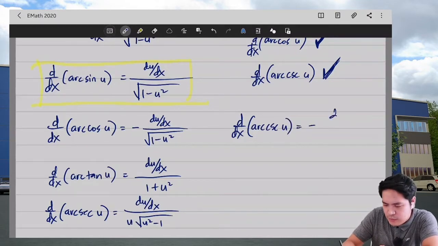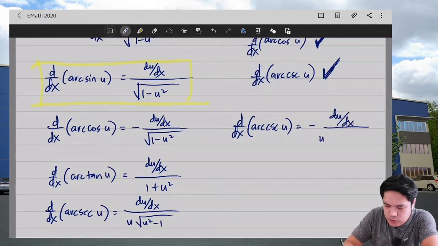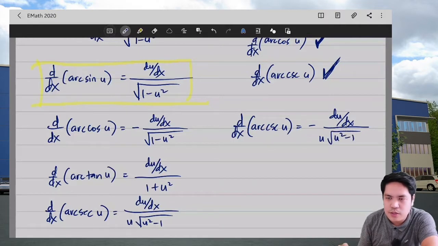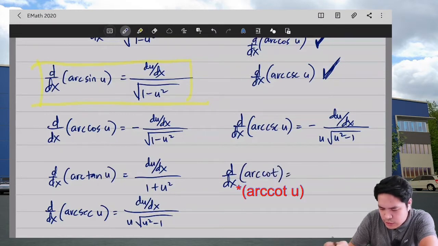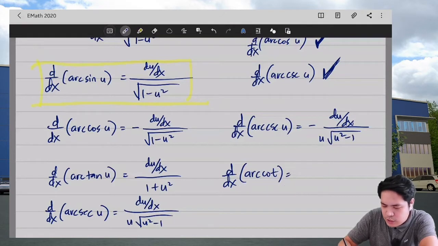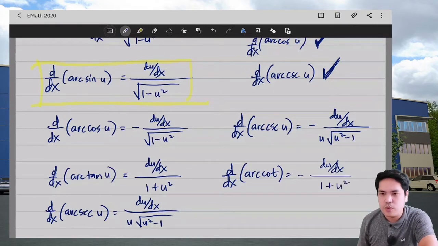The same as secant: negative du over dx over u square root of u squared minus 1. Memorize again. Then, for the cofunction of tangent, arc cotangent, you guessed it right. It's the same as arc tangent, just negative. That's negative du over dx over 1 plus u squared.